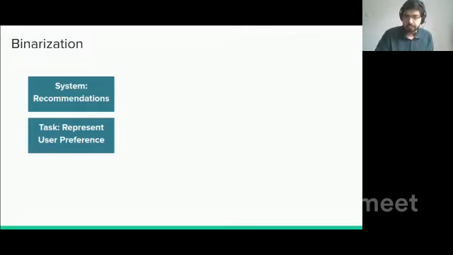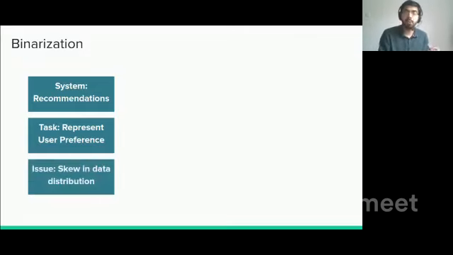And in such cases, the problem is that you will have a skew in data distribution. You will run into issues while trying to represent the interest, because the data that is more often repeated will likely get the larger weight. So the song that has the most number of listens would be interpreted as the most favorite one, even though that might be the favorite of only a subset of people, right?